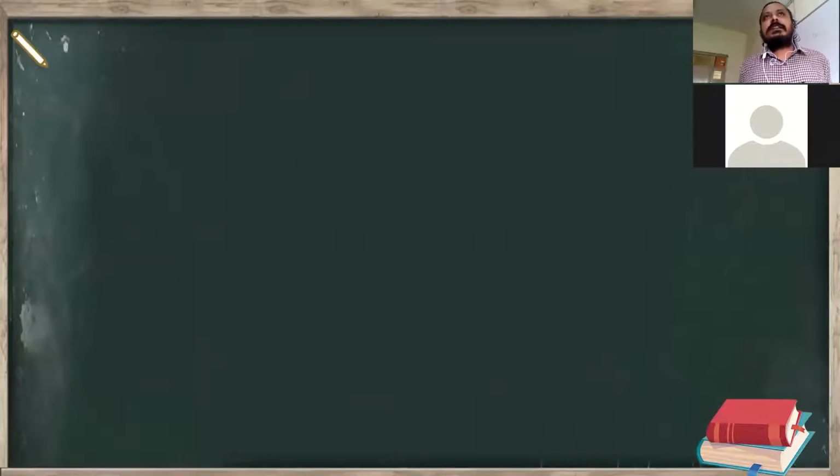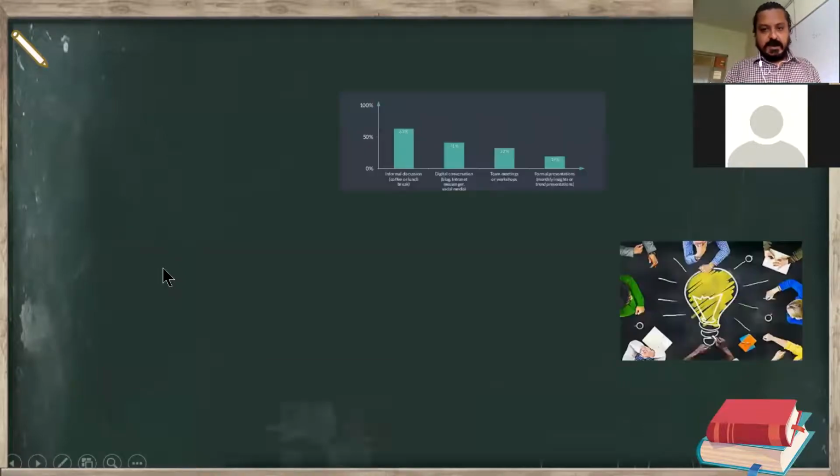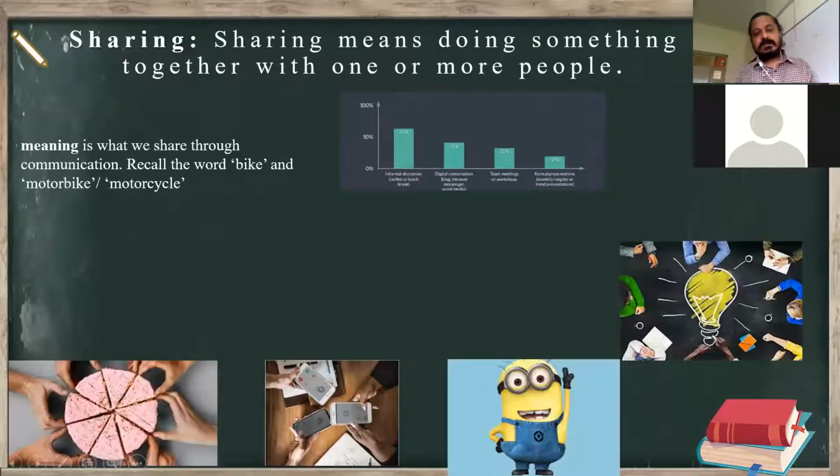Okay, so we stopped last time at a point where minions were playing an important role. And we understood that it is not just that we communicate with each other, but also we communicate with ourselves. And that makes the communication more interesting. That's what we looked at on this slide, and we tried to understand what meaning we derive from the shared communication messages.